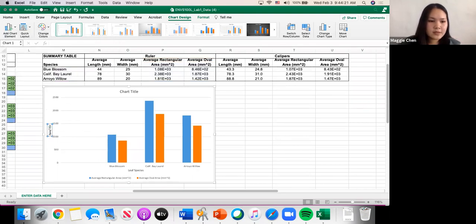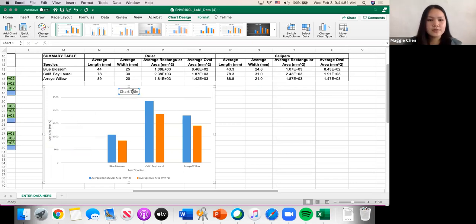And once that pops up, we'll change this to say leaf area in millimeters squared. So if units are given to us, we're going to want to indicate those units on our chart. So in the summary table under average rectangular area, we're given millimeters squared. So we're also going to put that onto our chart too.